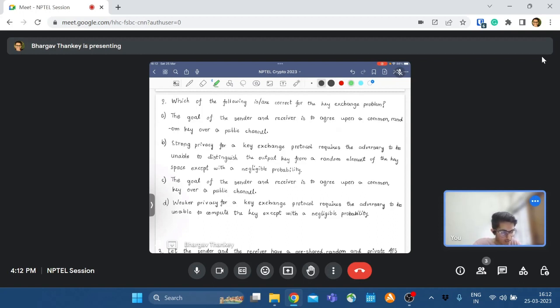Option C is the goal of the sender and receiver is to agree upon a common key over a public channel. And option D is weaker privacy for a key exchange protocol requires the adversary to be unable to compute the key except with negligible probability. So which of these are correct?